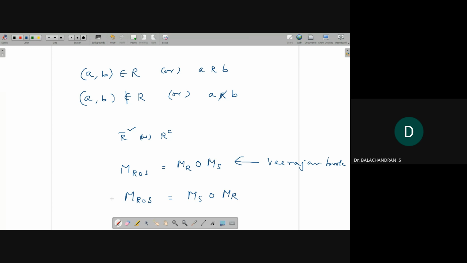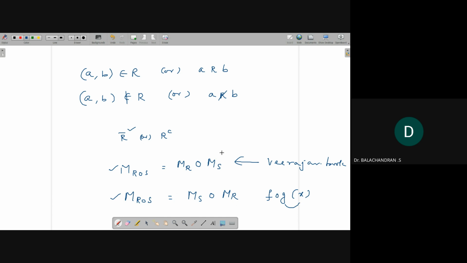I am following both, but it is better to use the Venkatraman book. Even if you use this one, you will get the mark, no problem. But both of them are different. Why does this difference come? In the Venkatraman book they use F composition G of X, meaning first he applies G and then applies F second.